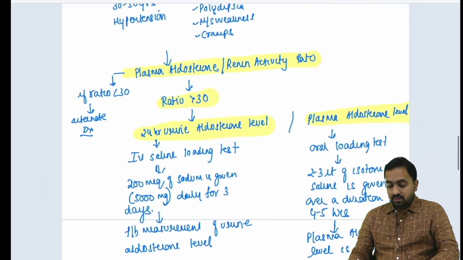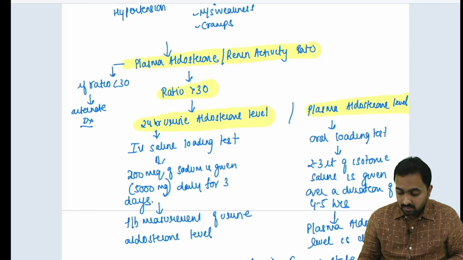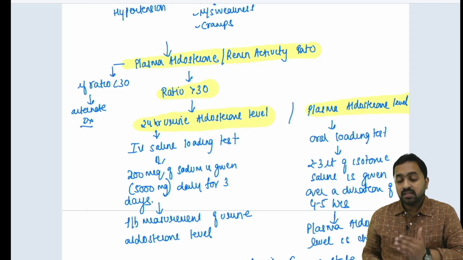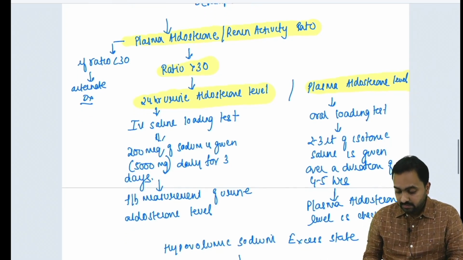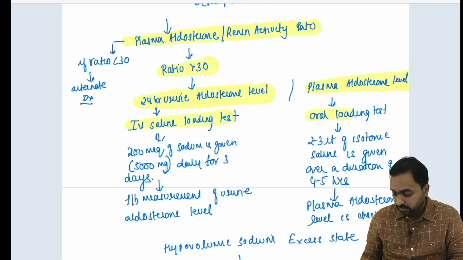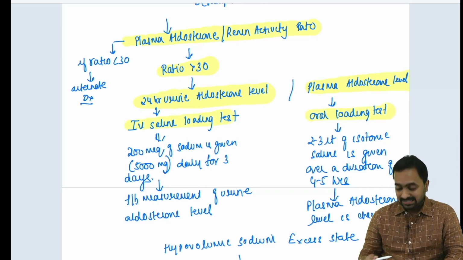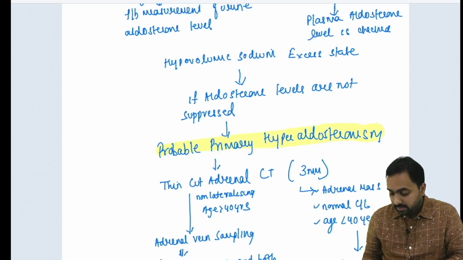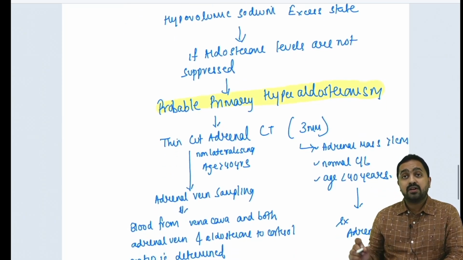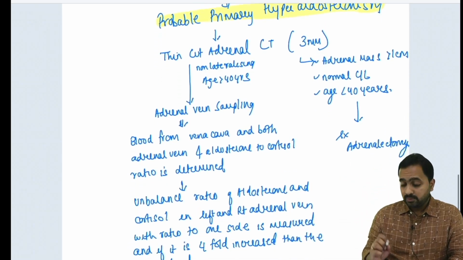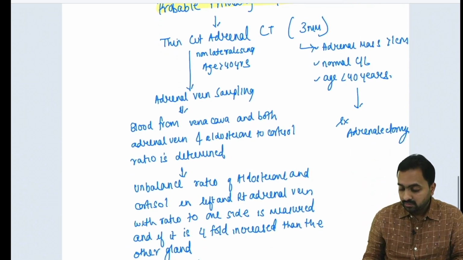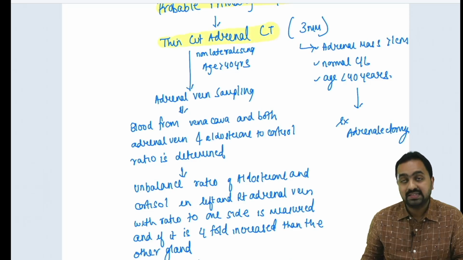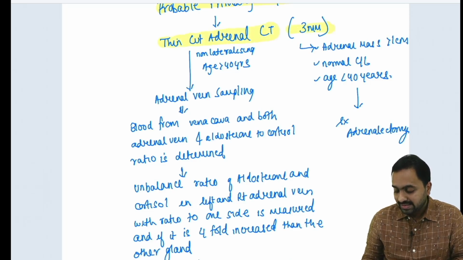In case of the ratio being more than 30, we go for the next confirmatory test, which would be IV saline loading test or the oral loading test, which has been explained. The confirmatory test would give us an idea of it being a primary hyperaldosteronism, following which we would do the localization part, with a thin cut adrenal CT, which is usually taken as slices of 3 mm.